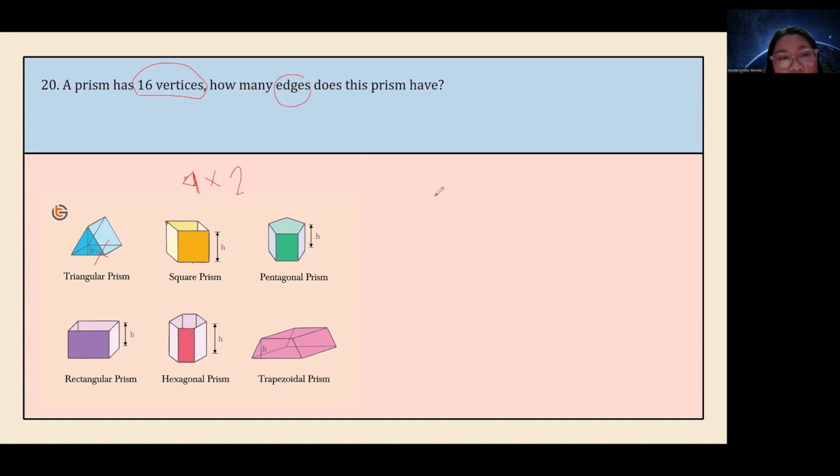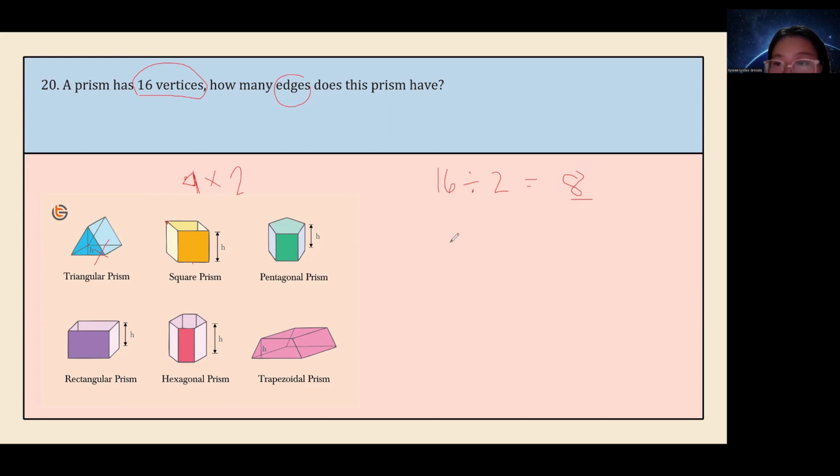First we have to divide 16 by 2 to get the number of what? The sides of our base. So 16 divided by 2, we would have 8 sides for our base.